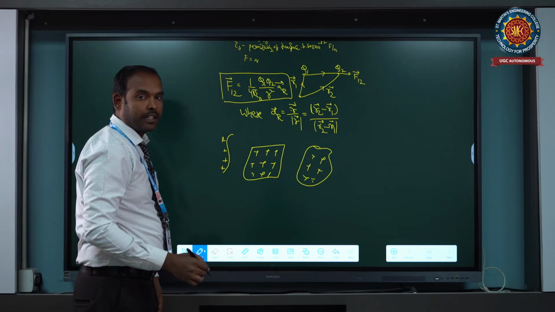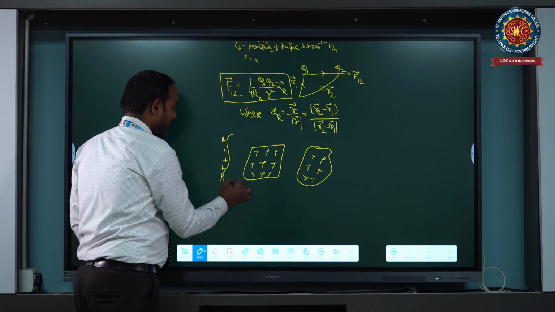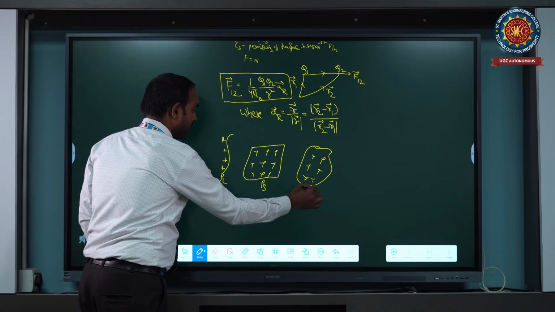They are characterized by their charge densities, rho L, rho S, rho V.